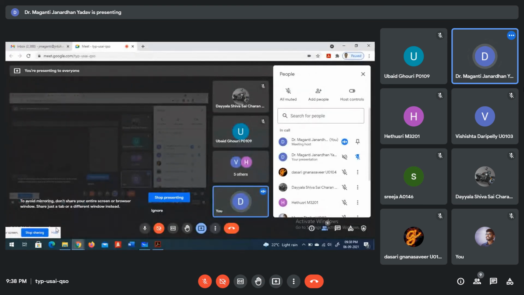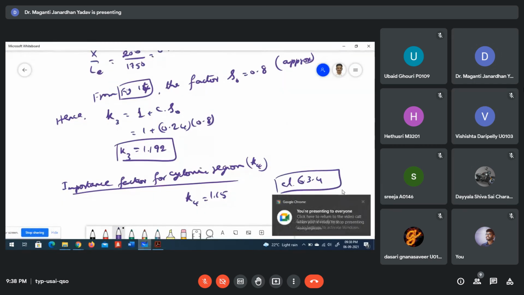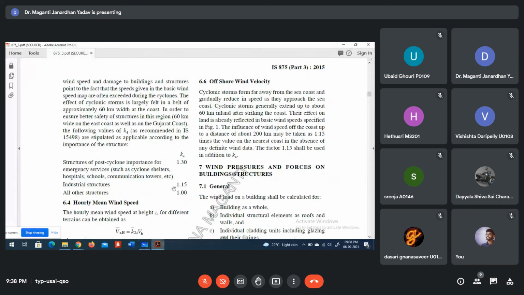Hello, Babu. Yes, sir. Because it's an industrial building, it is 1.15. If it is a regular building, it is 1. If it is post-cyclonic importance like hospitals and schools, it should be still higher, 1.3.